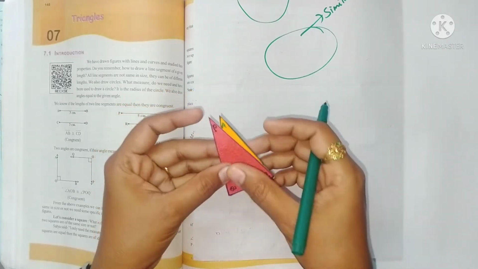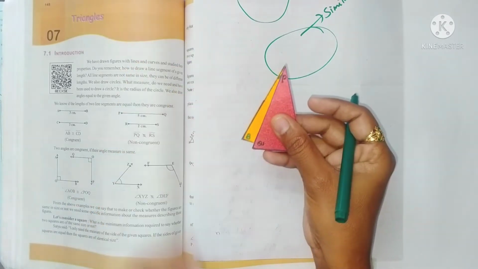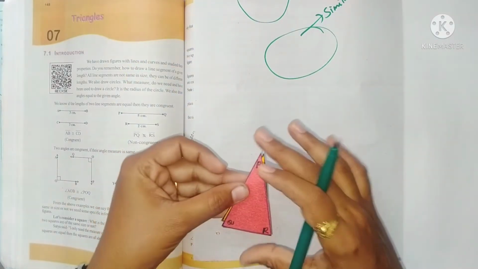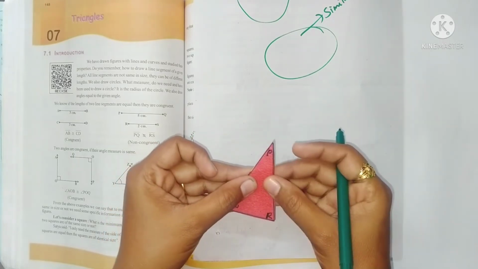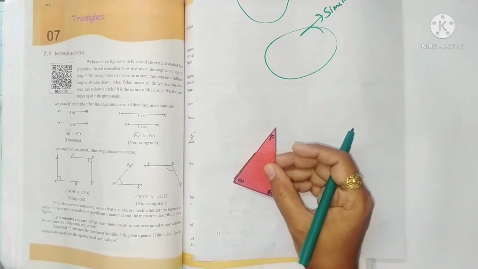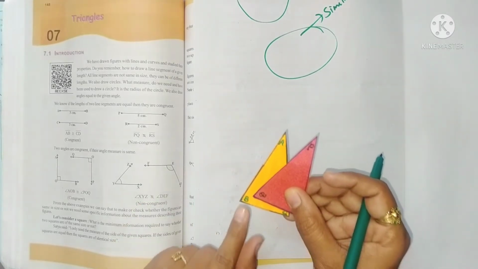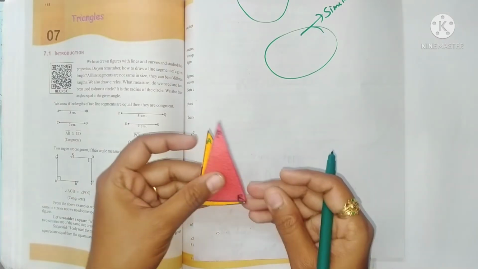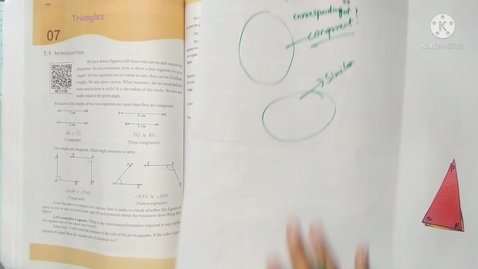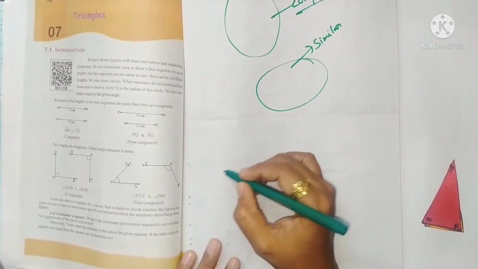It is AC. And what is the corresponding side of AB? It's PQ. So exactly when we place two figures one on another, the sides like these are called corresponding sides or corresponding angles. What is the corresponding angle of B here? Angle Q. Similarly, corresponding angle of C? Angle R. So students, I think you understand what corresponding sides and angles are.